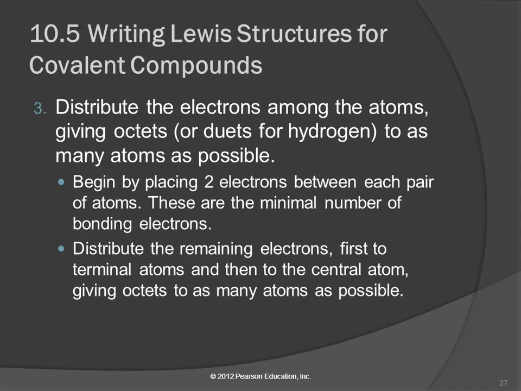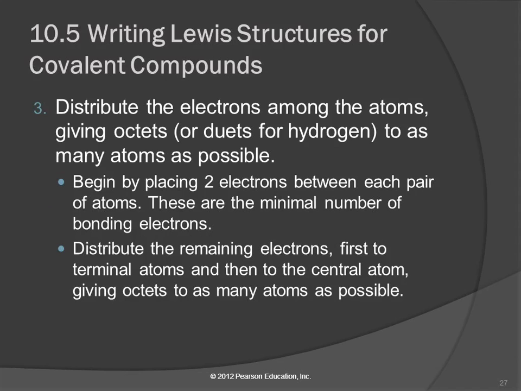Then you put the electrons around. So you basically divide them up. You want to give as many octets as possible, just duets for hydrogen though. So a good place to start is by putting 2 electrons between each pair of atoms.